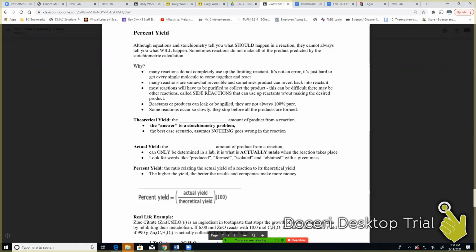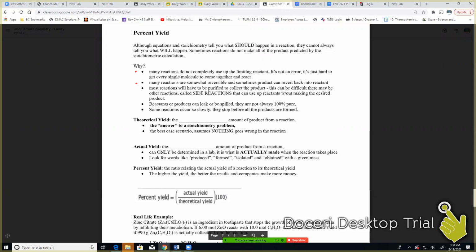Another reason listed here is that many reactions do not use up the limiting reactant completely. This could be because molecules aren't arranged correctly or don't hit each other with enough energy. For whatever reason, not all of the reactant is used up, so you don't get as much product as you theoretically calculated.